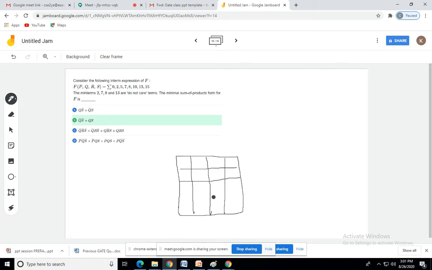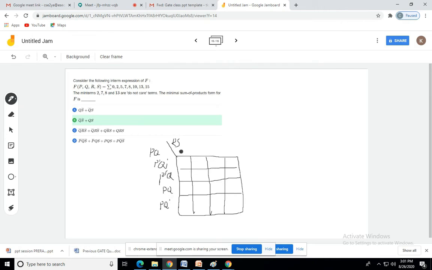You all already know 4 variable means it consists of 16 adjacent cells, and we have to plot the variables here. PQ variables are considered as the row variables and RS variables are considered as the column variables. So here you have to mention P dash Q dash, P dash Q, PQ, PQ dash.